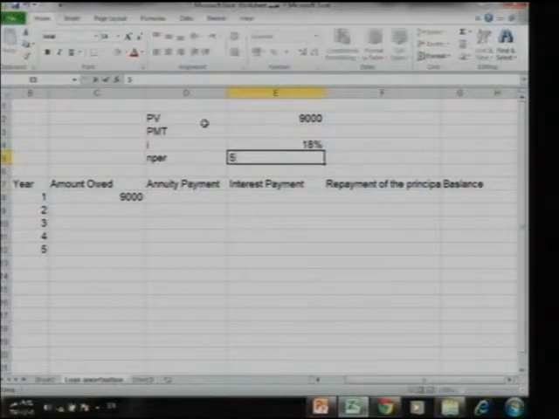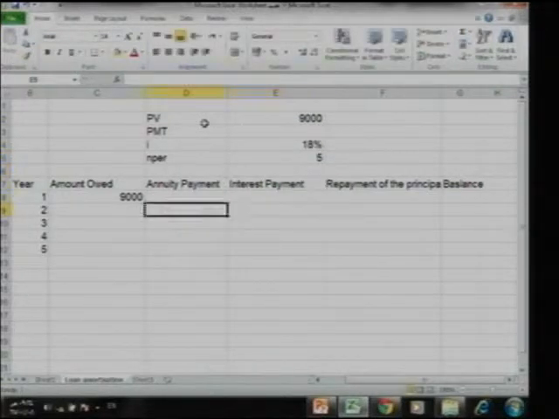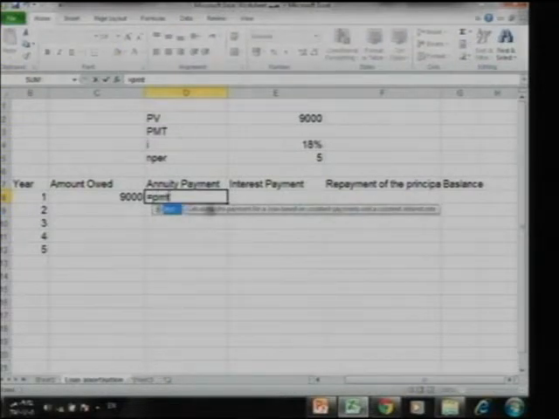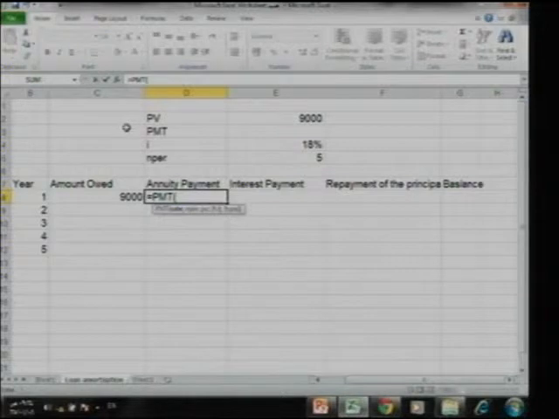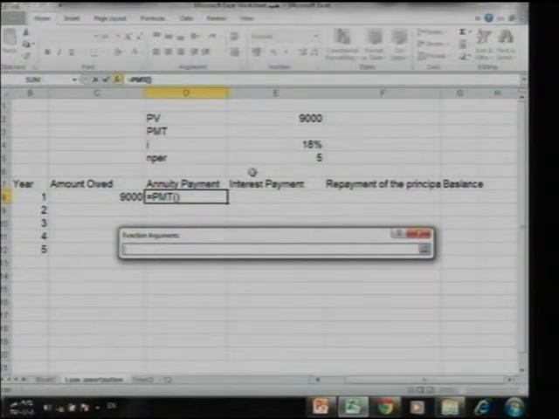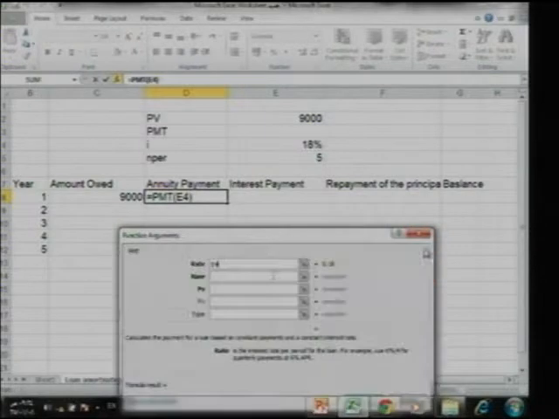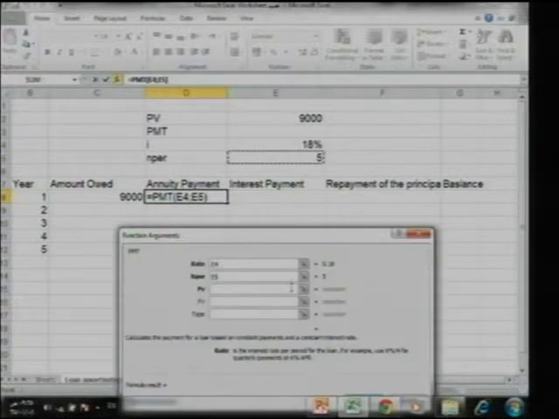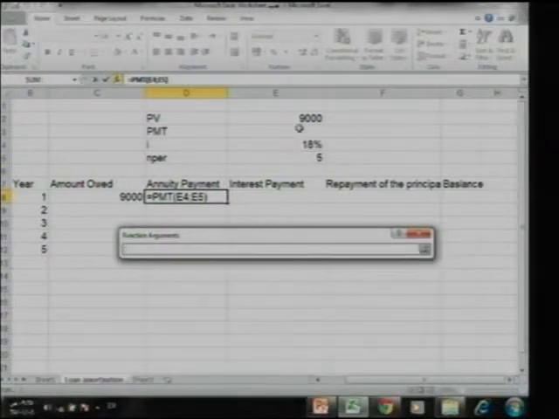5 years. Okay. So now, the annuity payment is equal to the payment function: the rate is i, 18%, the number of periods is 5, and the present value is 9,000.